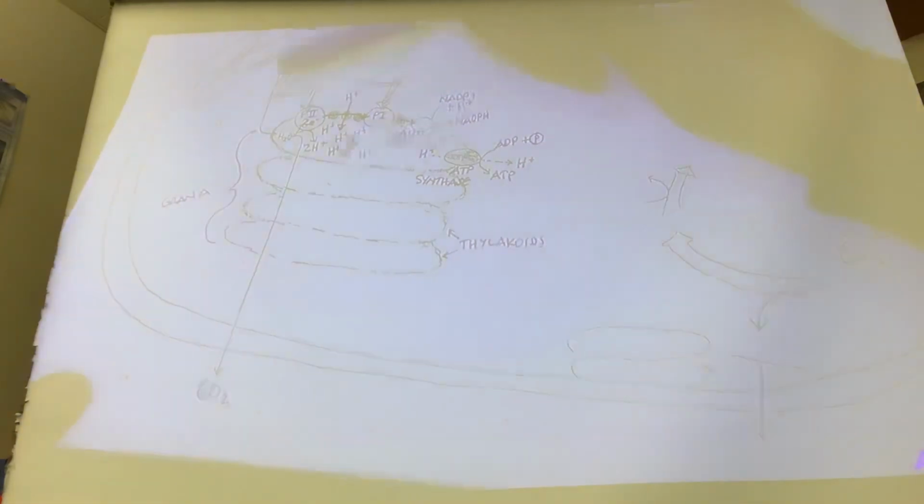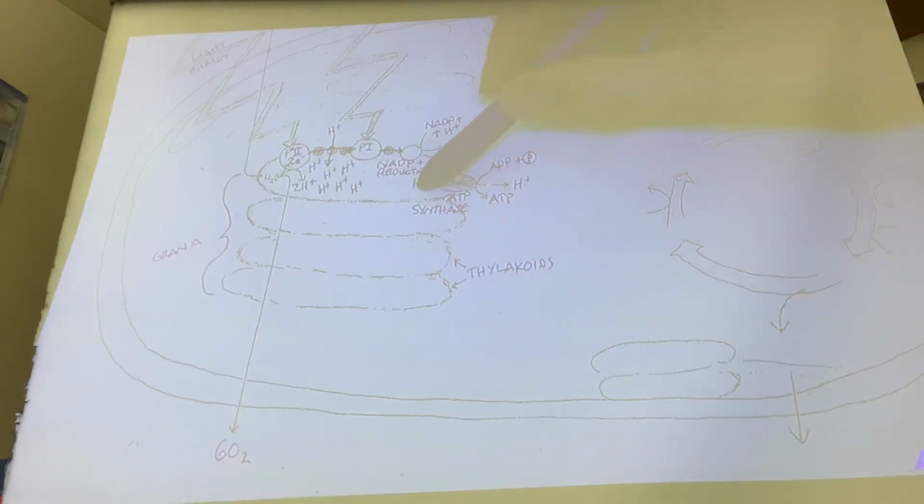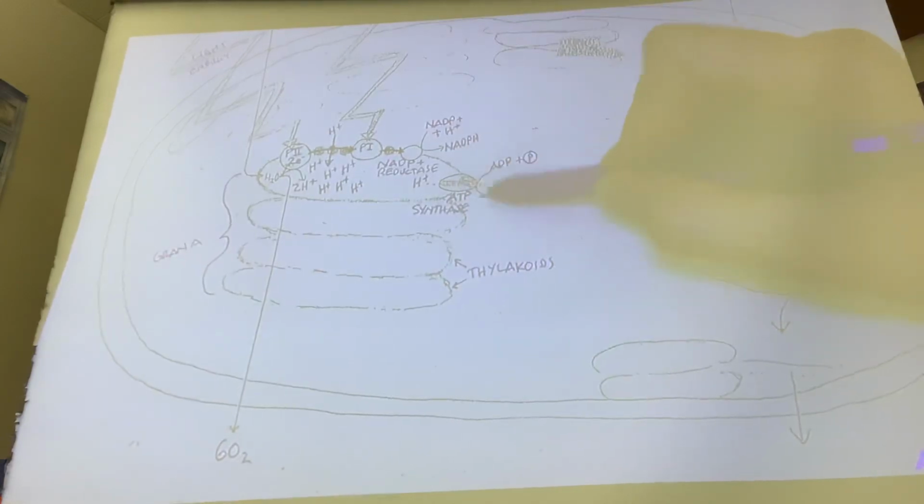Right. So these electrons, they're going to move down the electron transport chain. We're going to bring more protons inside, so we get a nice concentration gradient going in here, right? And then we're going to use the facilitated diffusion of that hydrogen out through ATP synthase to spin it and make ATP.